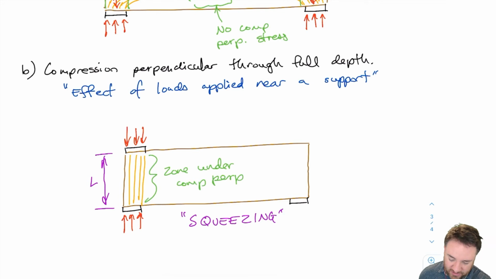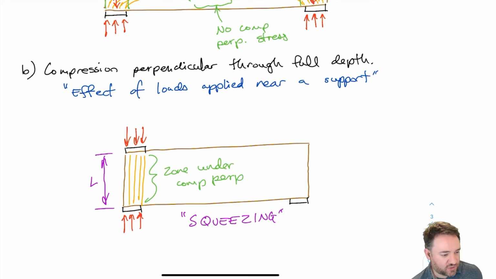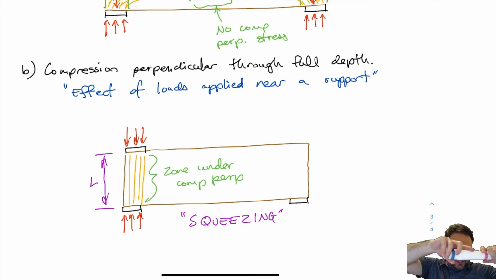So sometimes you might hear me refer to this as a squeezing bearing load, because it's squeezing not just from one side. We're not just pushing down in the middle here, but we're actually squeezing from one side to the other. So the entire through thickness of the wood is experiencing that compression perpendicular to grain stress, which means the entire length of that wood is being strained. The entire depth of that wood is being strained.